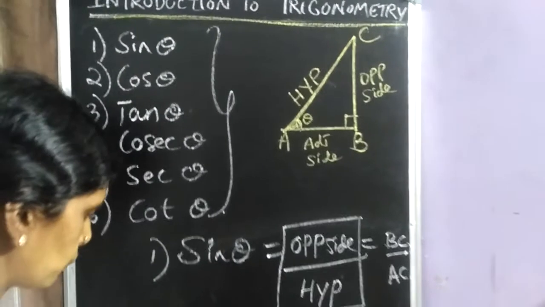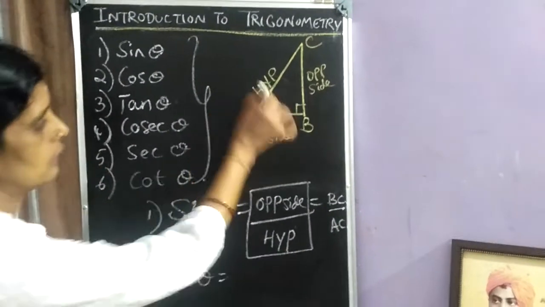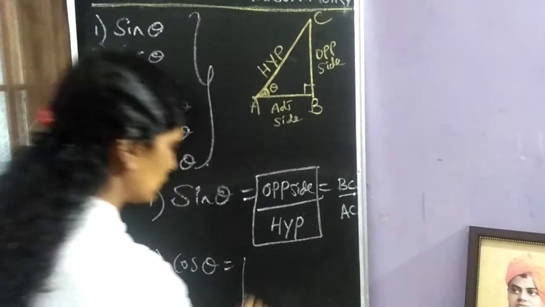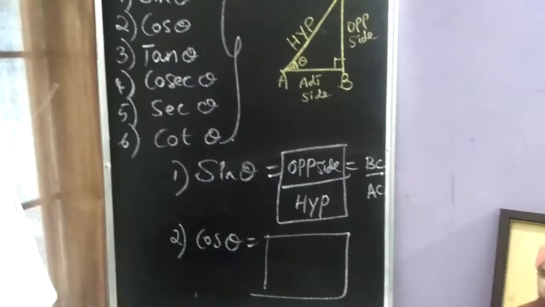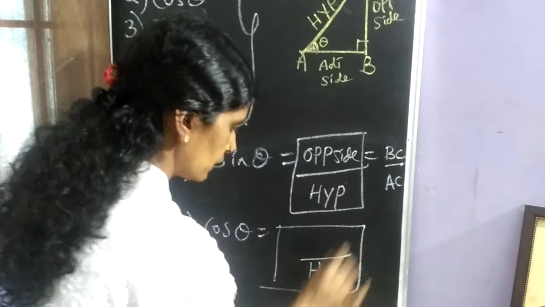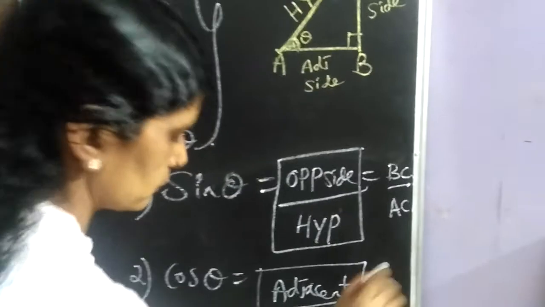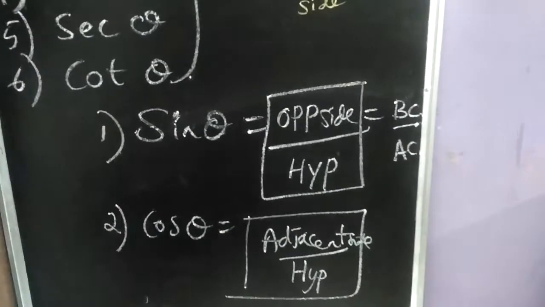Next, second ratio, cos. For the same theta, what is cos theta? It is nothing but the comparison between the adjacent side and the hypotenuse. Which is the adjacent side?